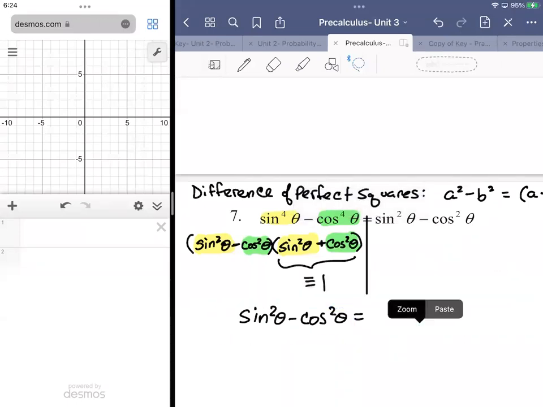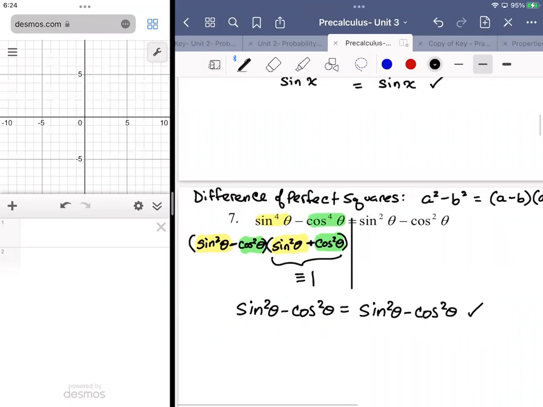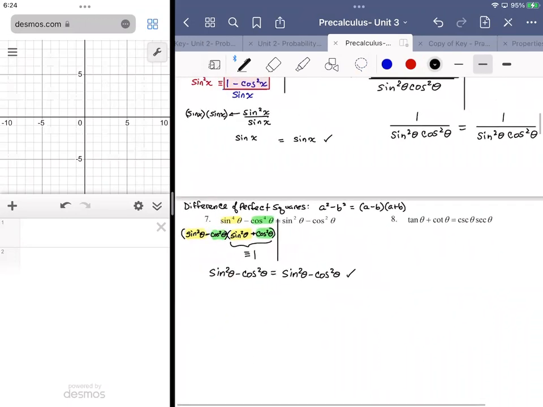And again, you've met the objective once you get the left side to equal the right side. So mission accomplished.